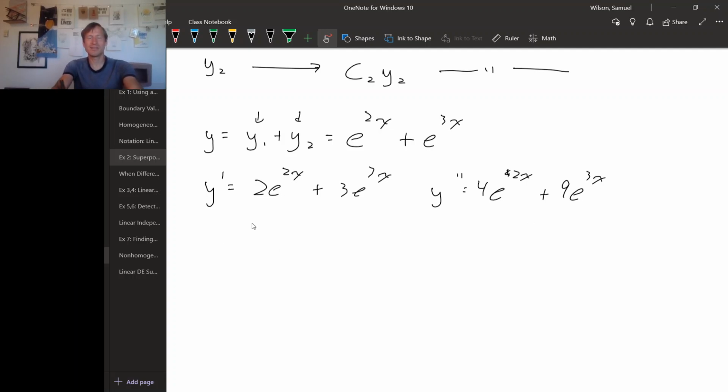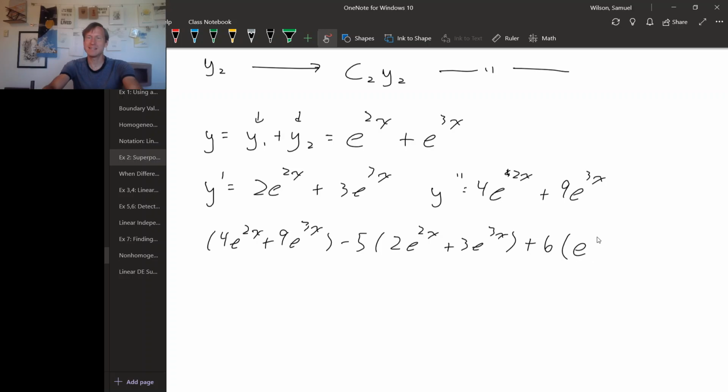And then when we plug all of this into the differential equation, we get y double prime, which is 4e to the 2x plus 9e to the 3x, minus 5 times y prime, which is 2e to the 2x plus 3e to the 3x, plus 6 times y, and y is e to the 2x plus e to the 3x. And this is all supposed to be equal to 0.